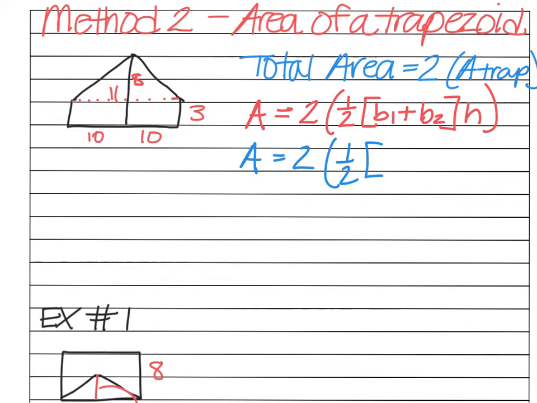So you're looking at this as a base and this as a base for the trapezoid. So this is going to be 11 and this is going to be 3. So we're going to go ahead and plug in 11 plus 3. And then our height, so here was 11, here was our 3, and this is going to be our height, which is going to be 10. So we go ahead and plug in 10. Again, order of operations is really important here, so you want to do 11 plus 3 first, which is 14.